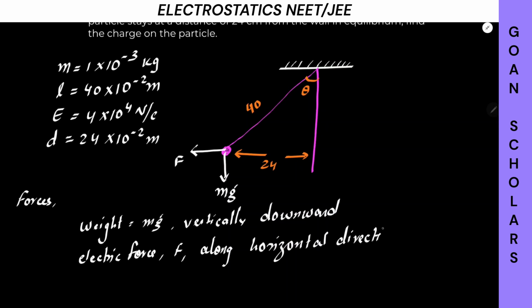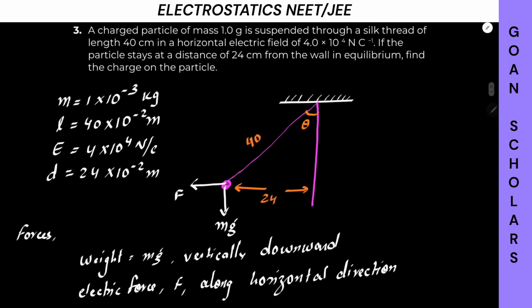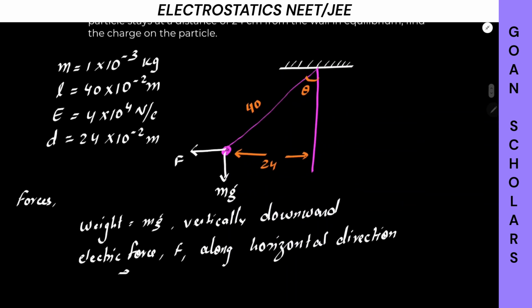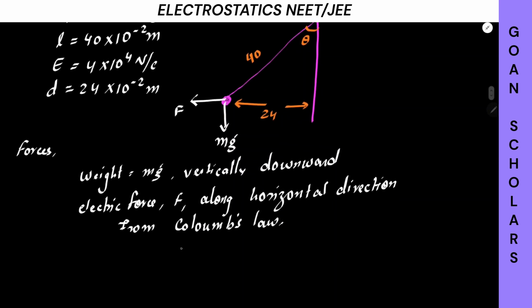Now how much charge is given? They have not given us, because the question itself says find the charge on the particle. So from Coulomb's law, we know that F equals QE, the charge times the field. So weight is downward, the force is this side. One more force we have learned in class 11 is the tension force, which acts along this thread.